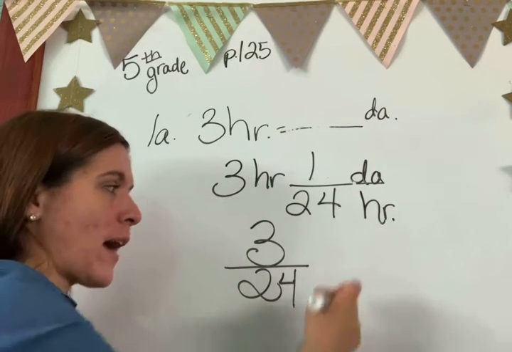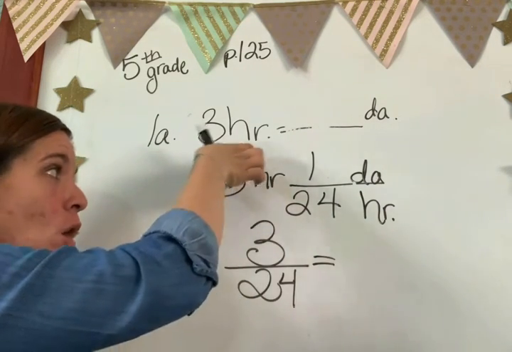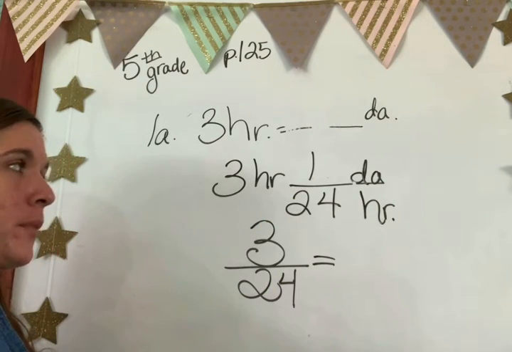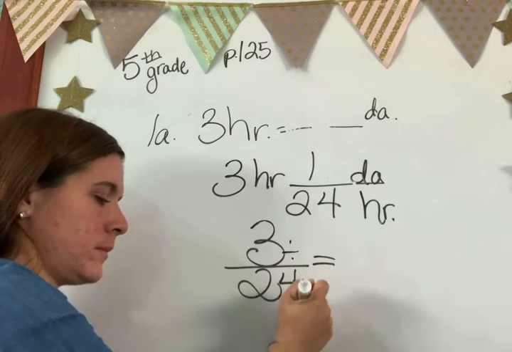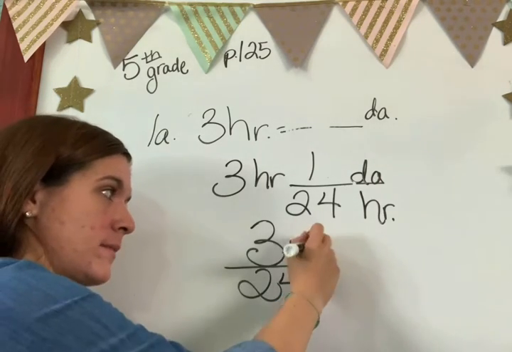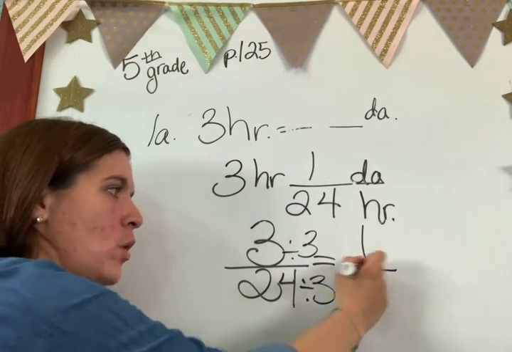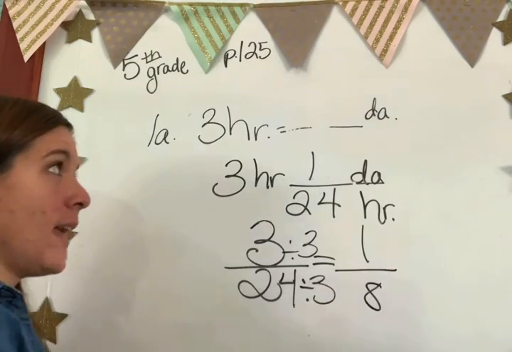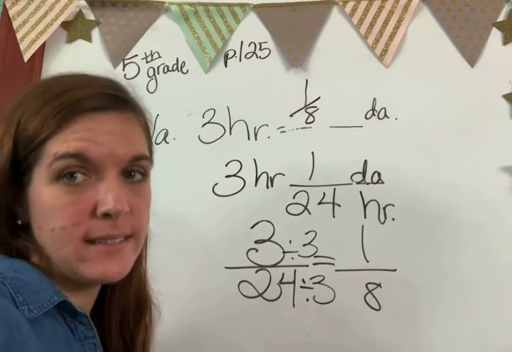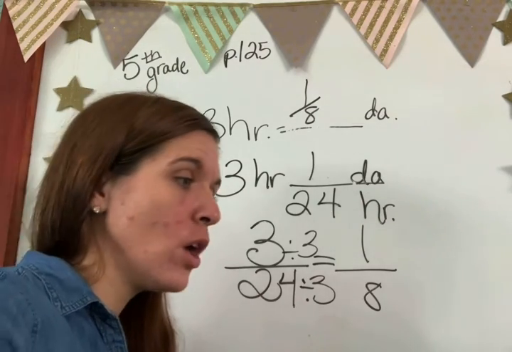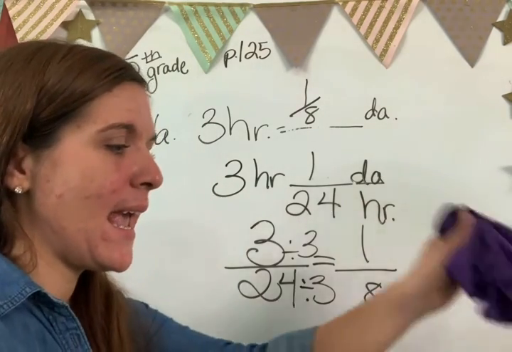Now reduce your fraction. What are you going to divide by, Abiel? 3. Excellent job, buddy. 1 over 8. And that's your answer. 3 hours equals 1/8 day.